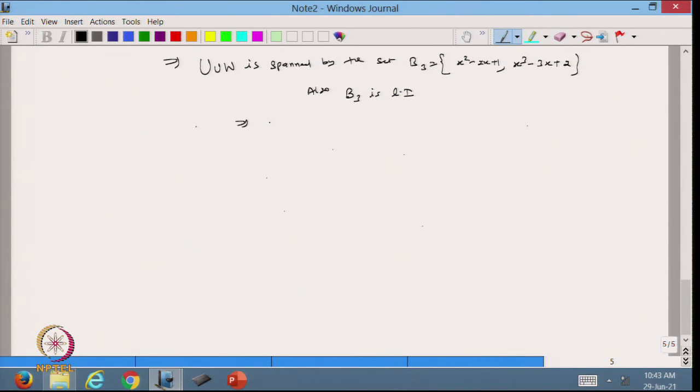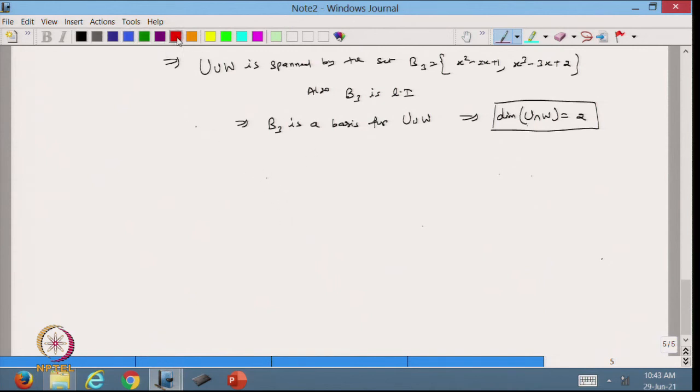From here I can say that B3 is a basis for u intersection w, and the dimension of u intersection w is 2. So, now I have been able to find the dimension, and that is equal to 2.